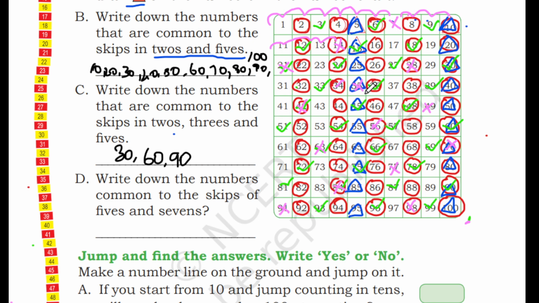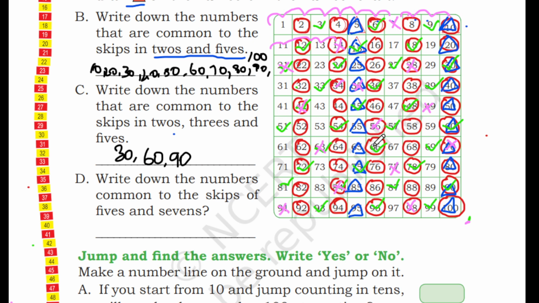Here, if you see the number 35, the number 35 has both the triangle and the cross mark, right? So this one. And on 40s, we do not have. 50s, no. 60s, no. 70s, again, no. 61, 62.